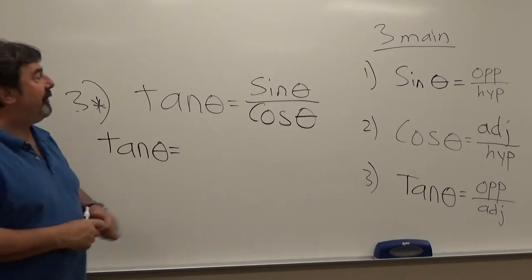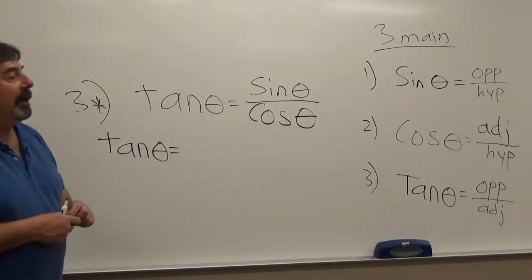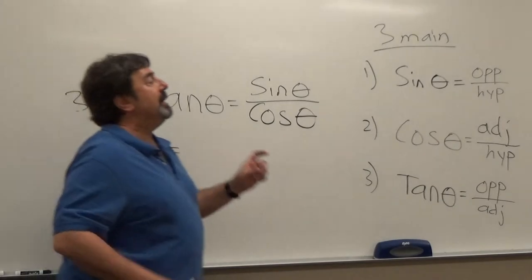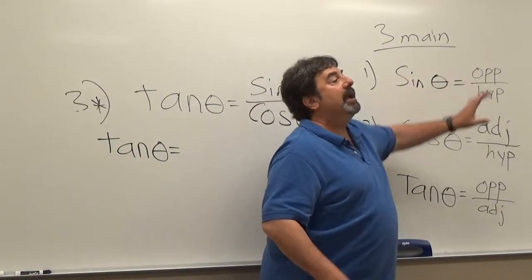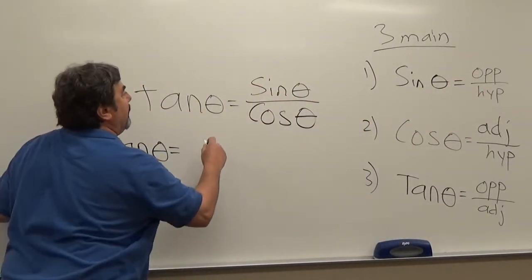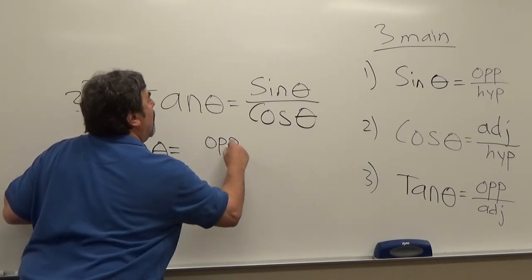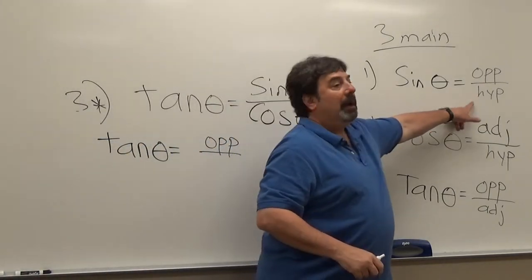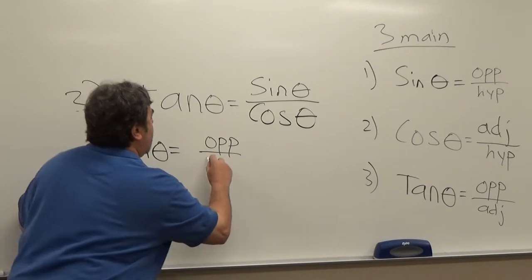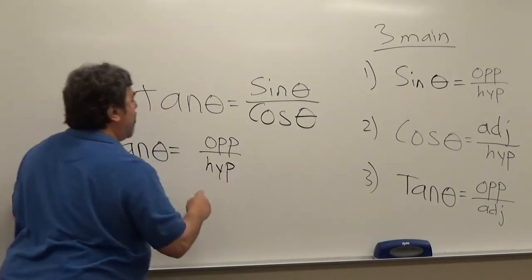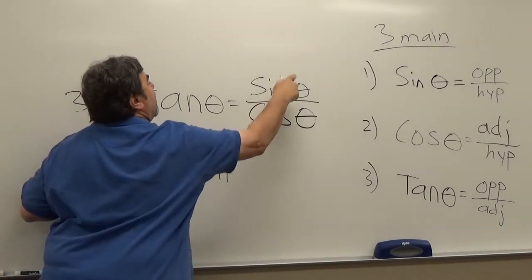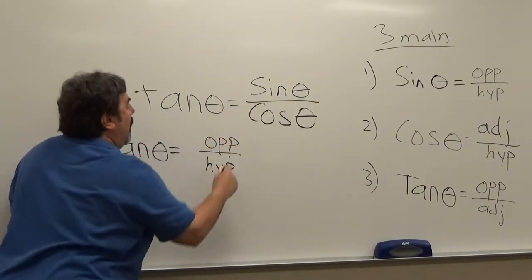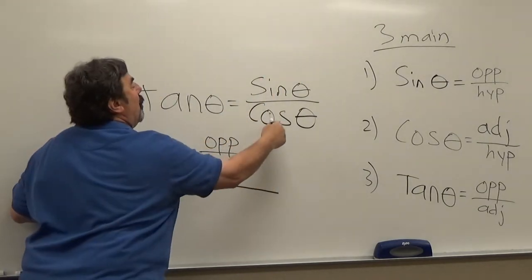if we have the sine in the numerator, if I plug in the definition of sine in the numerator, so that's going to be the opposite over the hypotenuse. And that's the sine, that takes care of this top part right here, over the cosine.